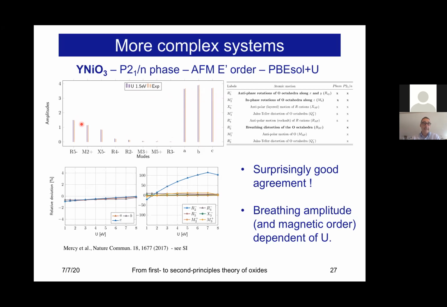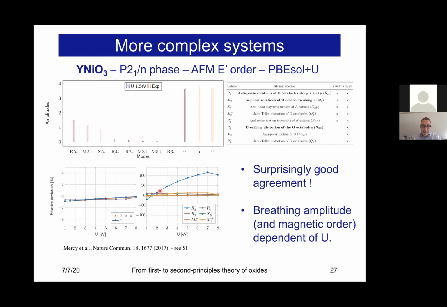So it means that DFT can be good even for this kind of apparently strongly correlated materials. Of course, you need to use a U, and this U will change more or less the accuracy. I'm just here mentioning the relative deviation we get for the lattice constants and the amplitude of the modes where we tune the U parameter.